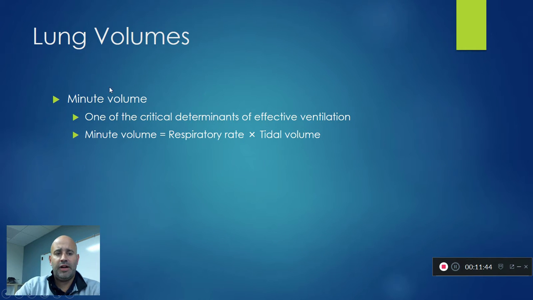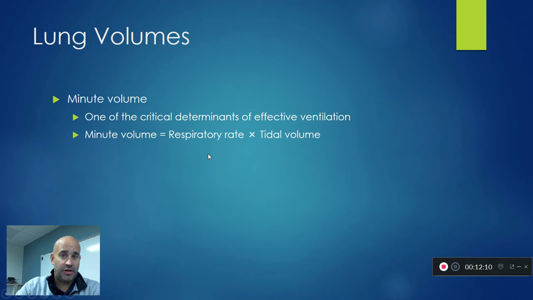Minute volume. This is very similar to the formula for cardiac output. Minute volume is the amount of air moved in 1 minute. That's respiratory rate times tidal volume. Pretty straightforward. But what does that mean for you as a paramedic? Well, if my patient is still hypoxemic, and we need to increase the amount of oxygen, we can do that in a couple of different ways.